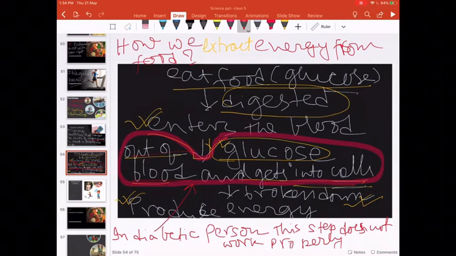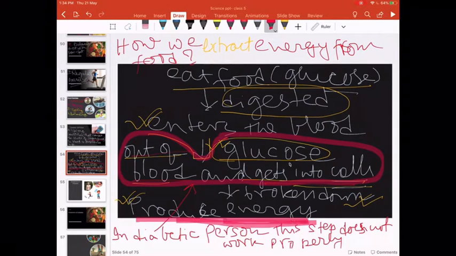Now, the other way you think: the digested food that enters the blood contains glucose. This glucose completely from the blood enters the cell, and from there it breaks down to produce energy, right? So the glucose breaks down to produce energy over here.